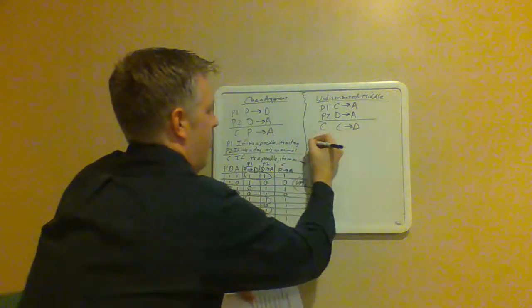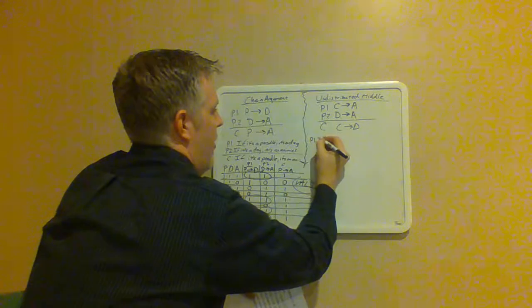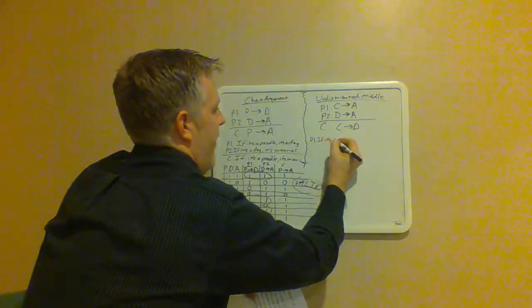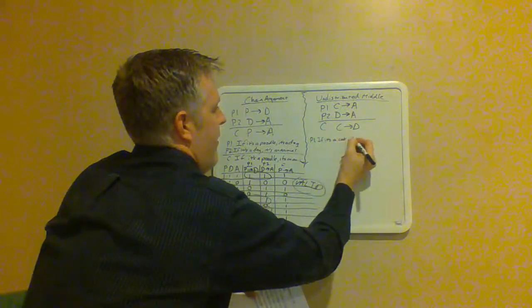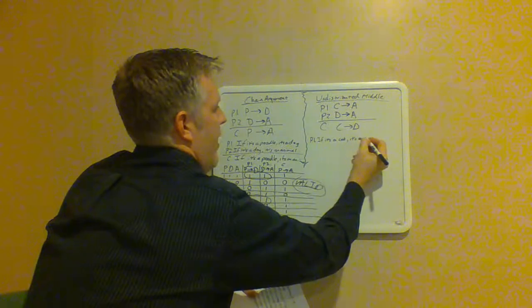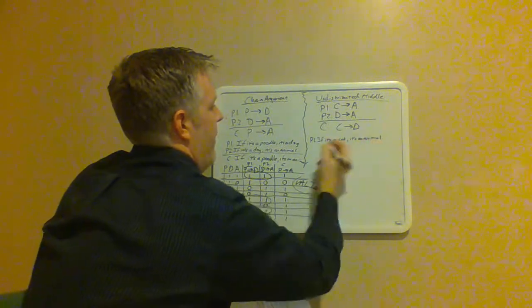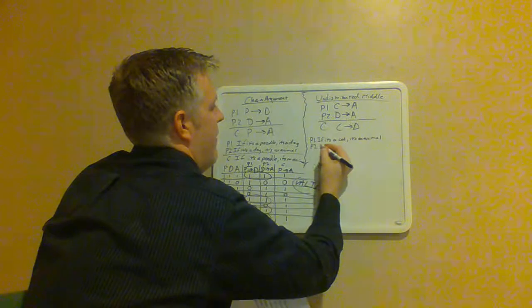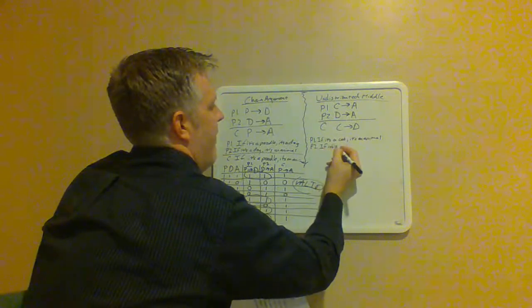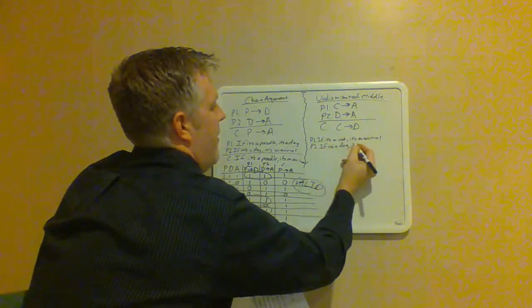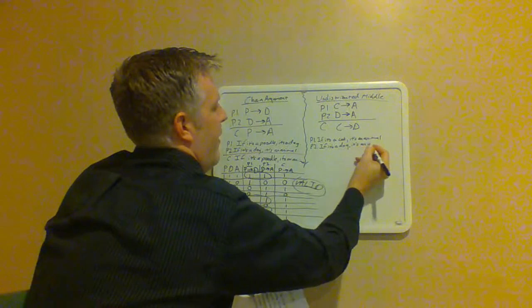Okay, let me give you an example. If it's a cat, it's an animal. Premise 2, if it's a dog, it's an animal.